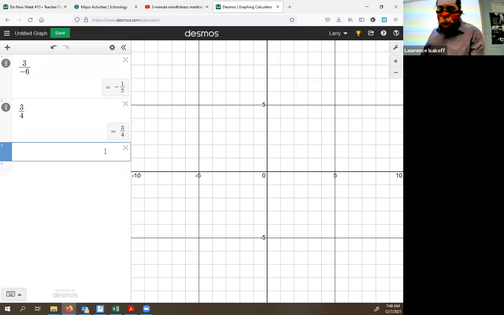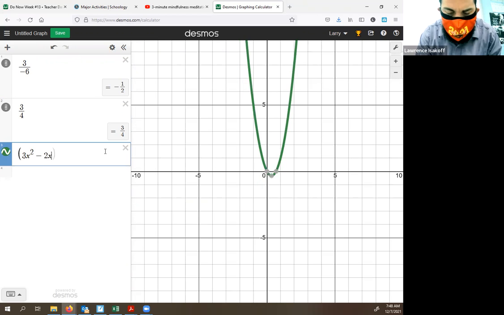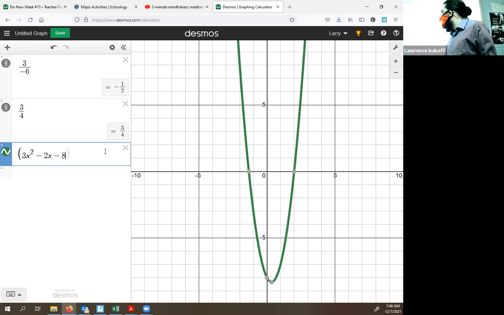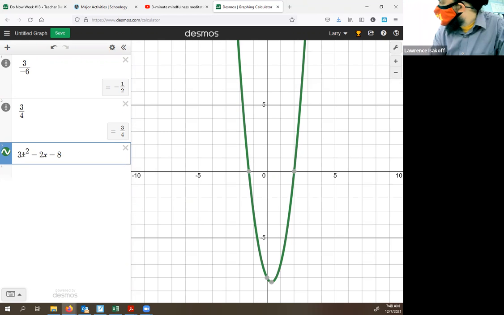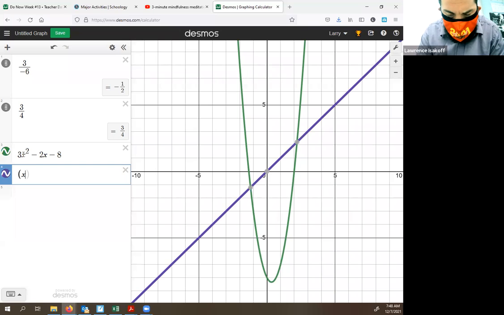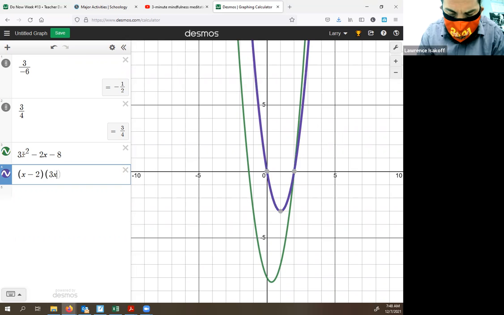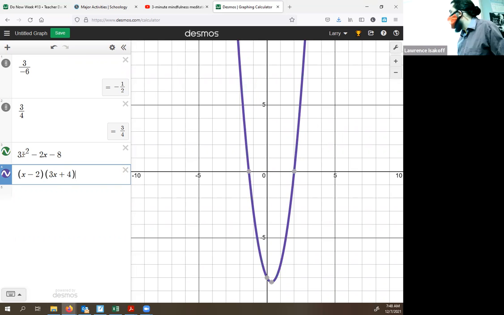Okay. So again, I had 3x squared minus 2x minus 8. So there's my original graph. And then the other graph I had, I said, oh, x minus 2, then 3x plus 4.